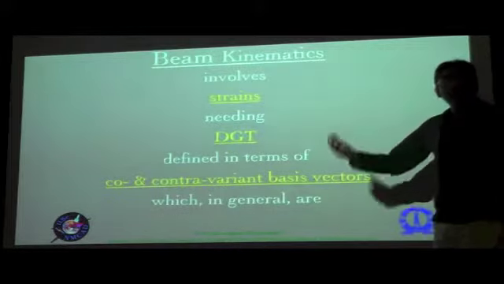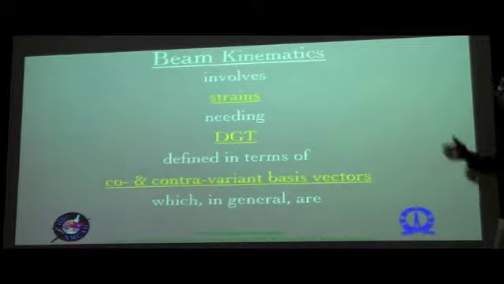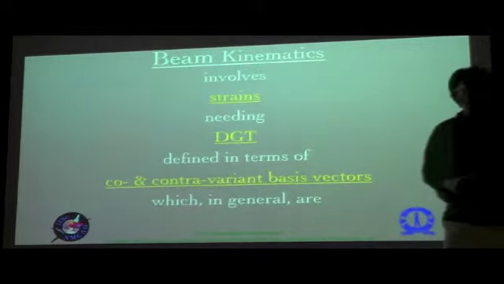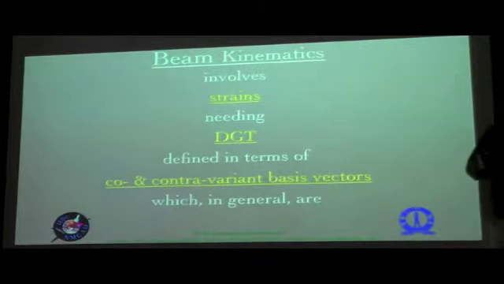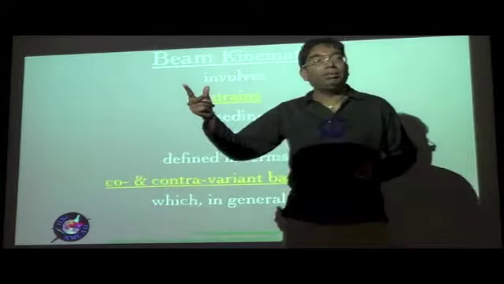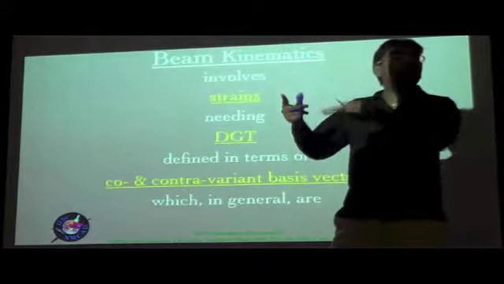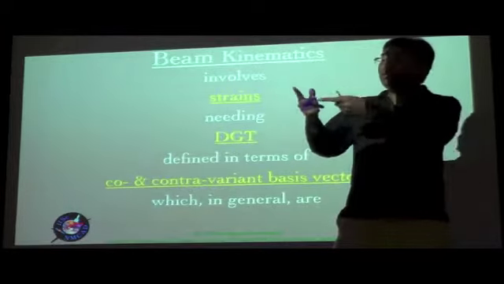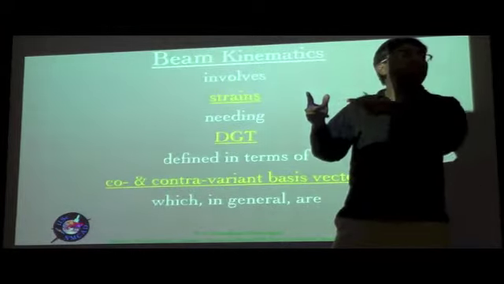So that is something which is orthonormal. But in general, the covariant and contravariant basis vectors will not be orthonormal. In other words, the 3 vectors which are used as the basis need not necessarily be perpendicular to each other, and they need not be all unit vectors as well.